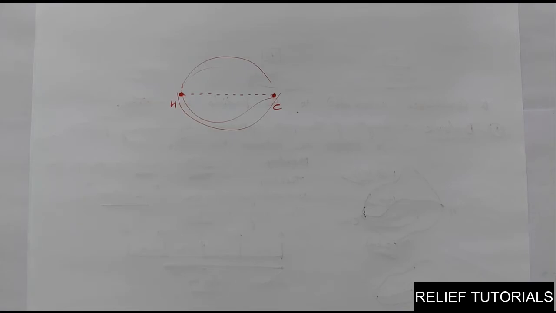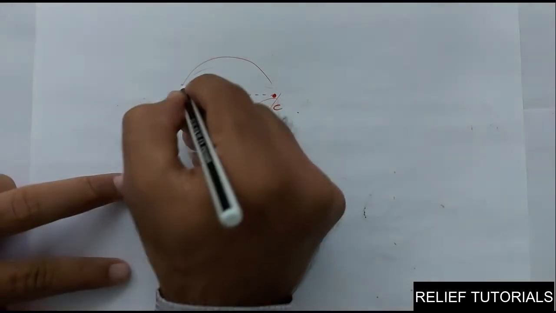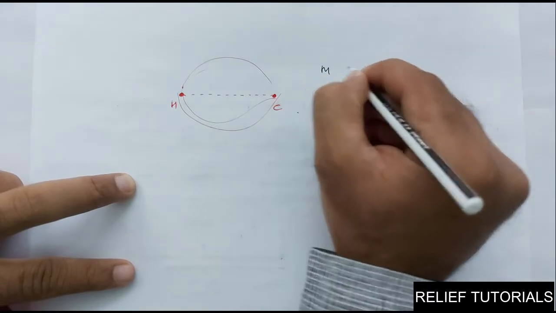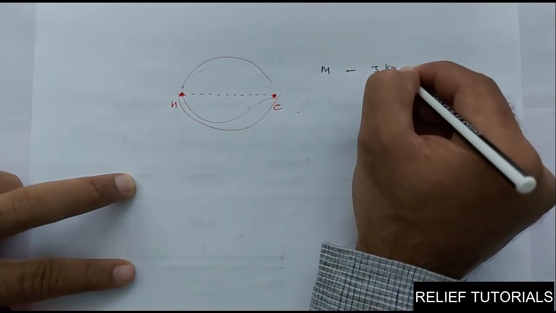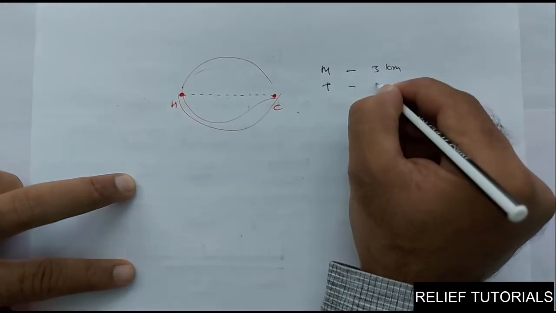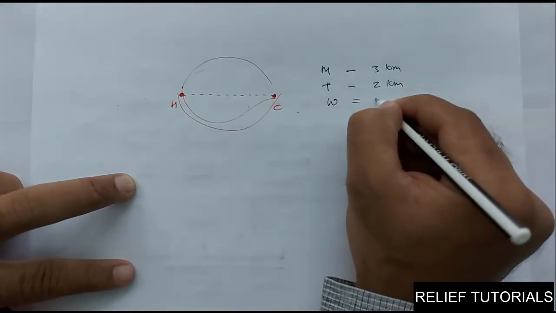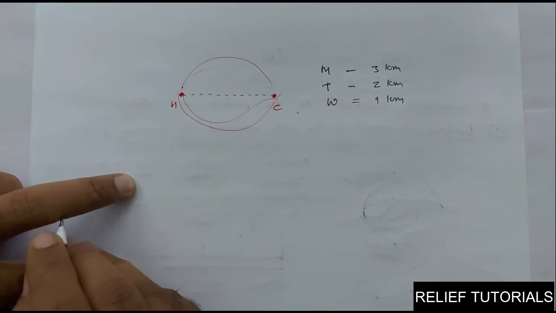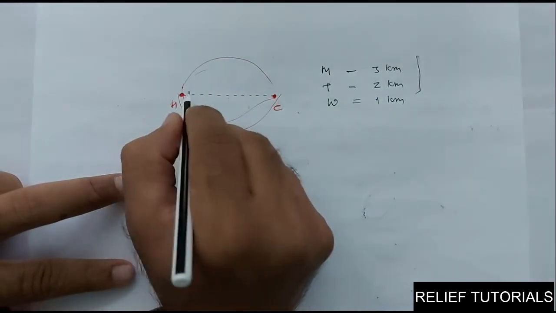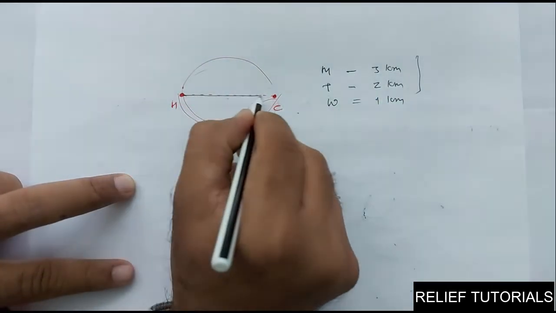Might be there is no path available. There is not always a straight path available to go from one place to another, but that is not the matter of fact. The matter of fact is, on the first day, for example on Monday, you have traveled 3 kilometer distance. On Tuesday you have traveled 2 kilometer distance, for example. On Wednesday you have traveled 1 kilometer distance only. But on each day you have displaced yourself by this straight distance.